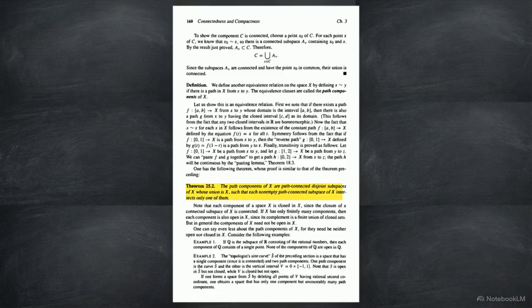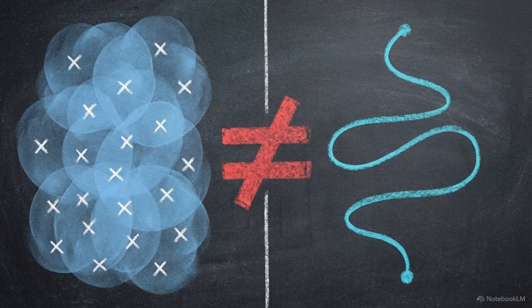Theorem 25.2 establishes that, similar to standard components, path components are disjoint subspaces whose union makes up the whole space. Treating components and path components as synonyms, however, will completely obscure the true behavior of complex geometry.